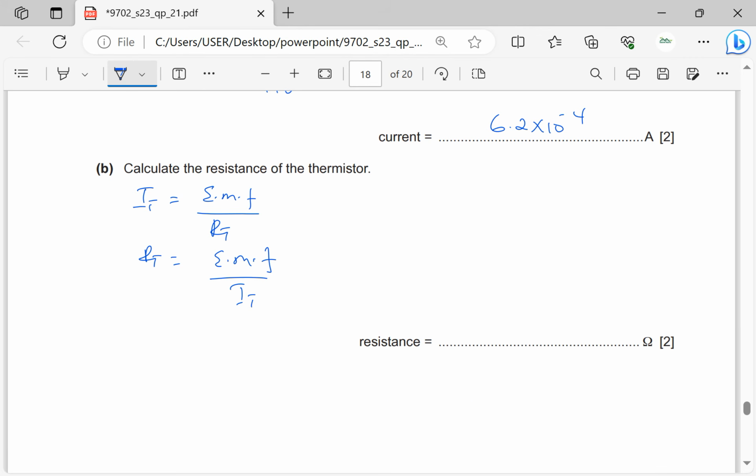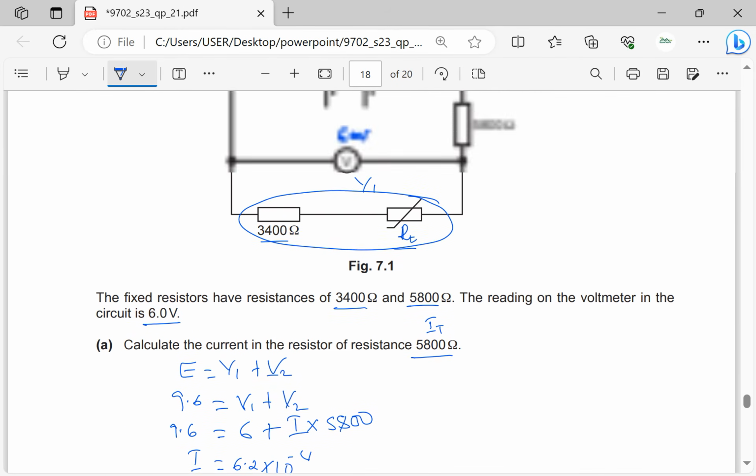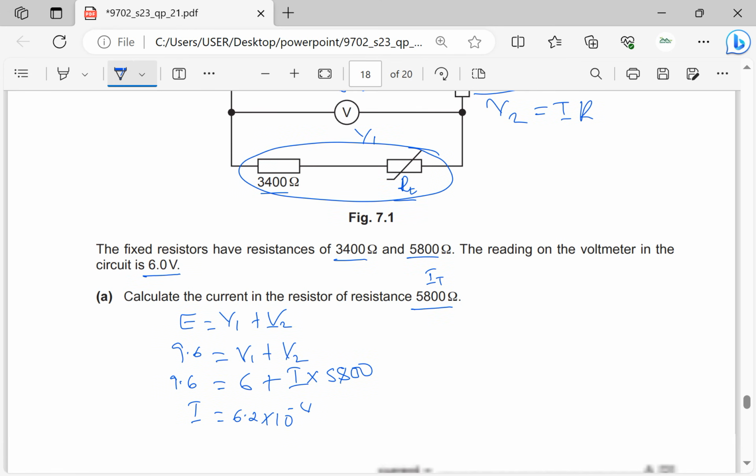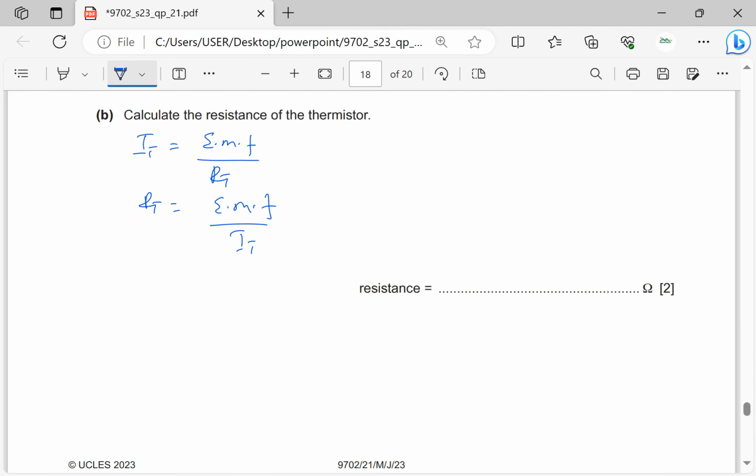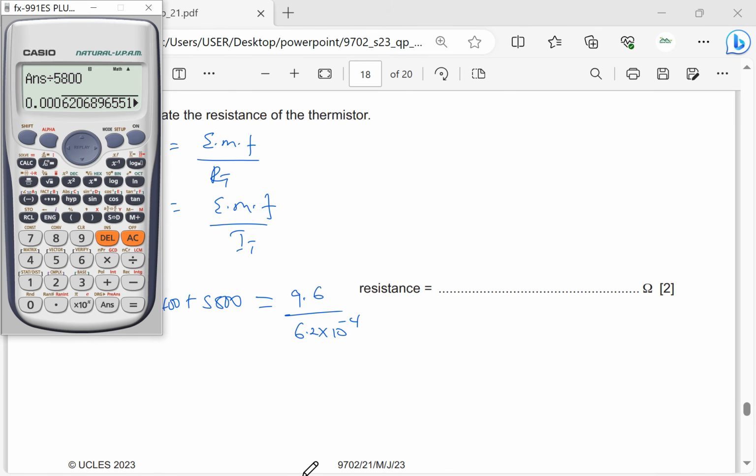Total resistance, they're in series, we add all of them. So 400 plus RT plus 800 is total resistance. So I'll say resistance of the thermistor plus 400 plus 800 is equal to the EMF, which is 9.6, divided by total current, which is 6.2 times 10 power minus 4. So I'll just press my calculator.